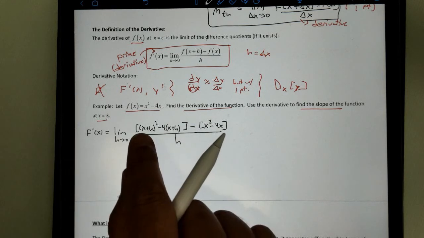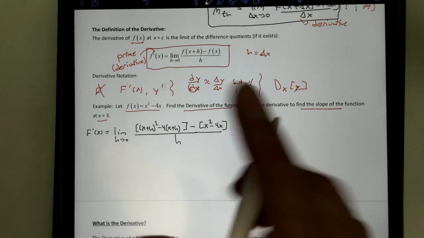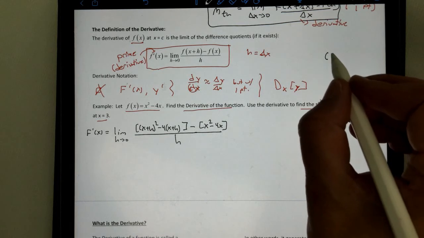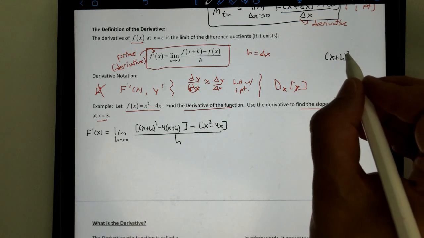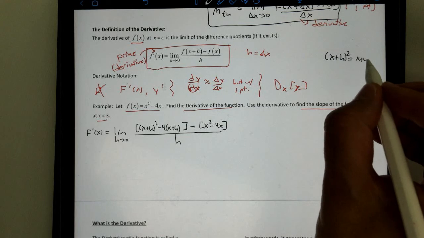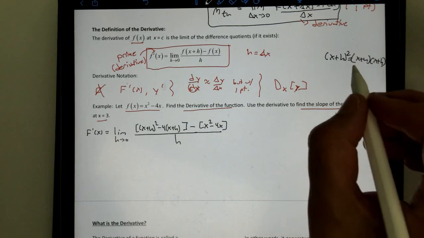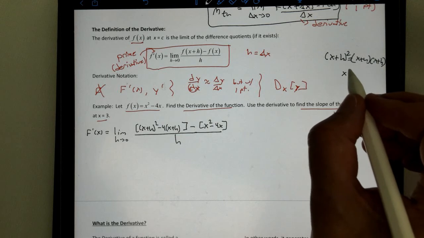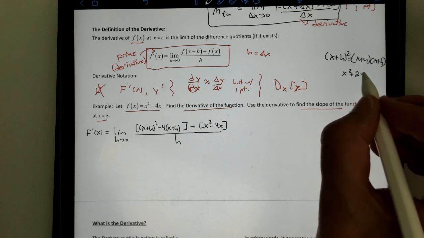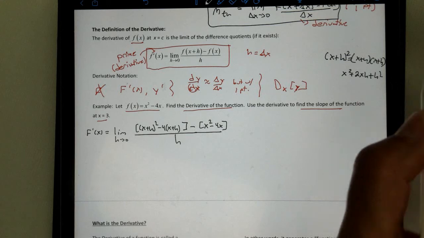Now it looks nasty, but this cleans up pretty nicely, we're going to find out. So we have to expand x plus h squared. Now if you forgot that, let's do that up here. X plus h squared is just x plus h times x plus h. And if we distribute, we get x squared plus 2xh plus h squared.